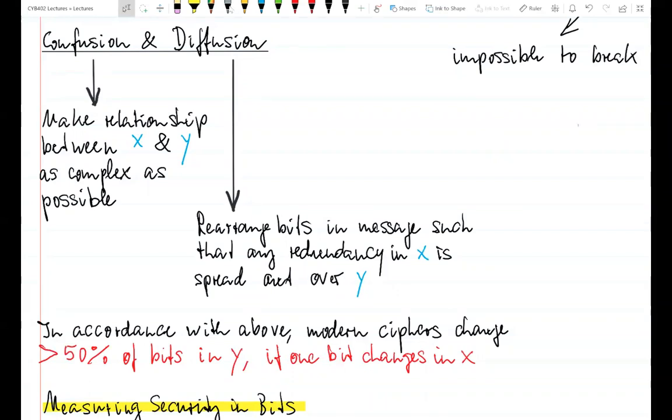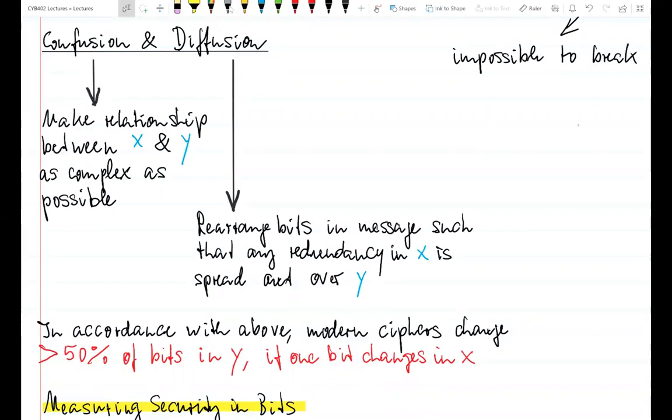So diffusion is a bit different. What you do in diffusion is to spread the seeming randomness all over the ciphertext.